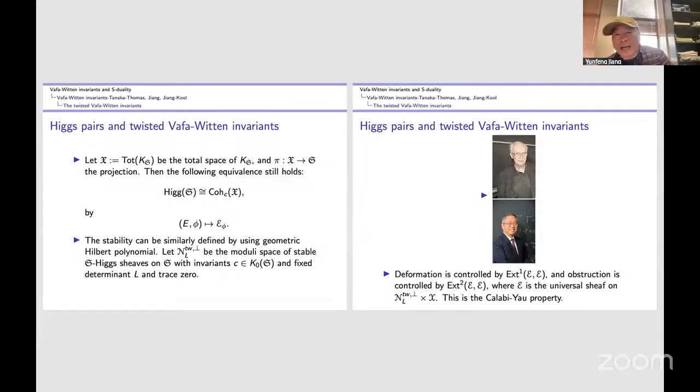And by Serre duality, this Ext^1(E,E) will be isomorphic to the Ext^2(E,E) dual. So this is the Serre duality. And you will see that the deformation is isomorphic to the dual of the obstruction, and Ext^2 is the obstruction.